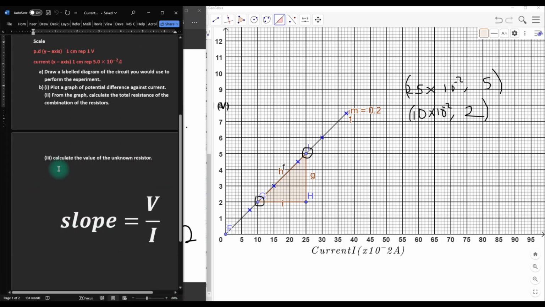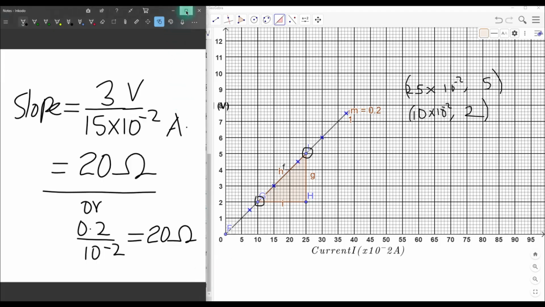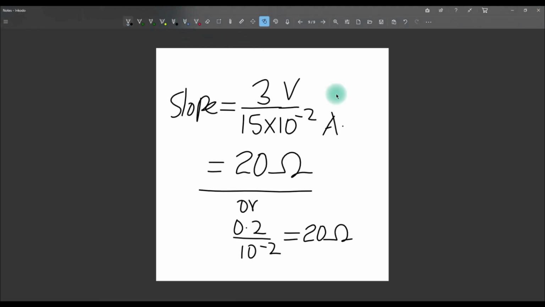So after that, the next thing we are going to do is find from the question given, we need to calculate the value of the unknown resistor. How are we going to get the value of the unknown resistor?